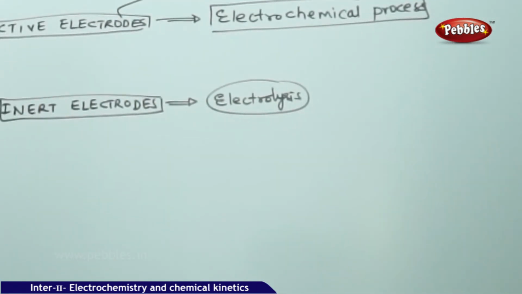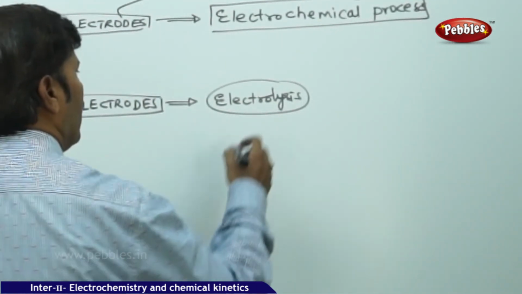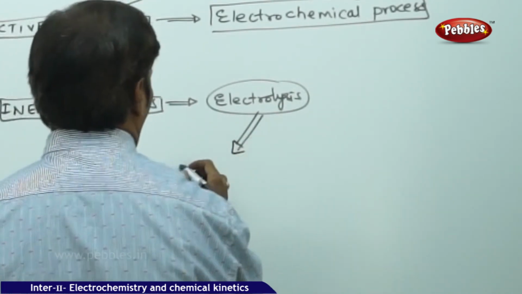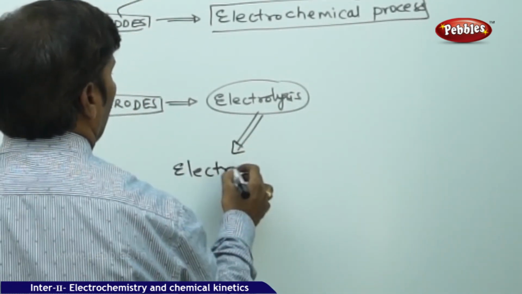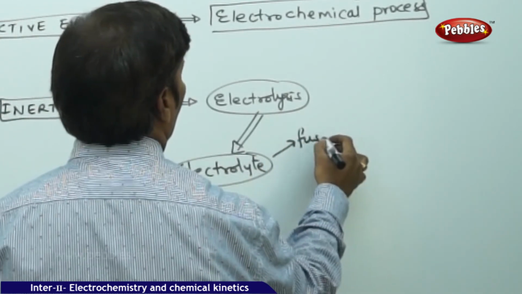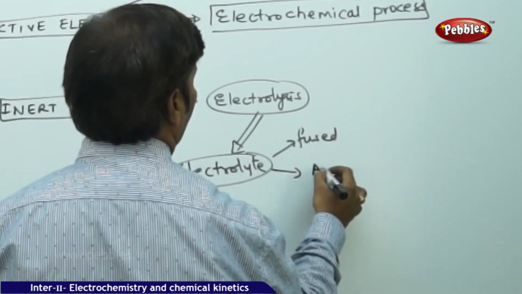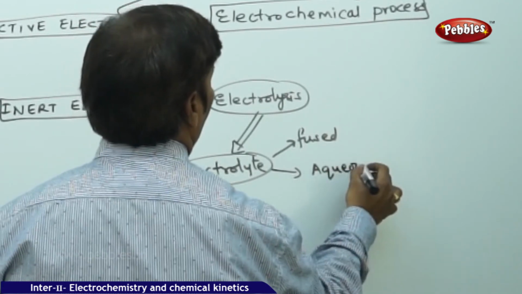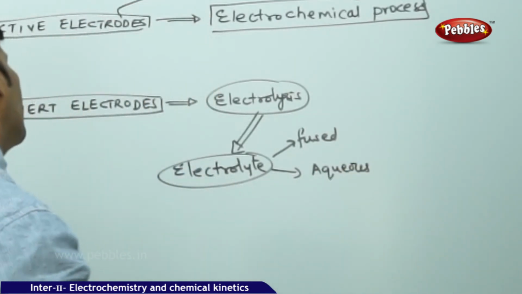And in the case of the electrolytic process, during electrolysis, whether the electrolyte is fused or aqueous, in both cases the electrode can be an inert electrode.